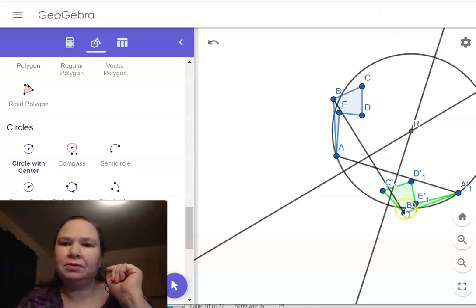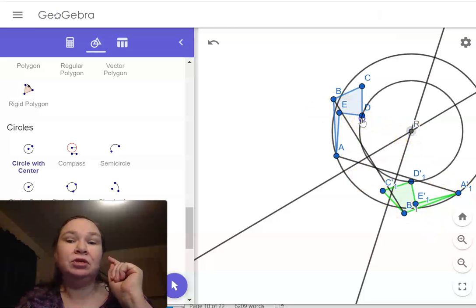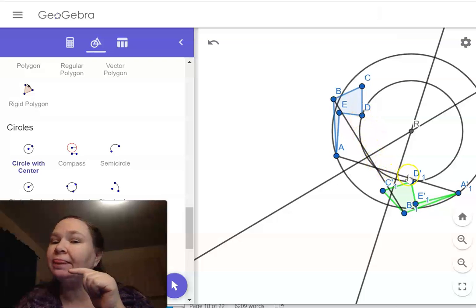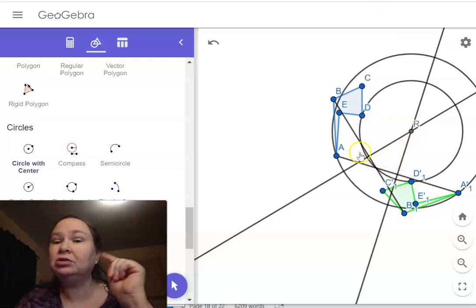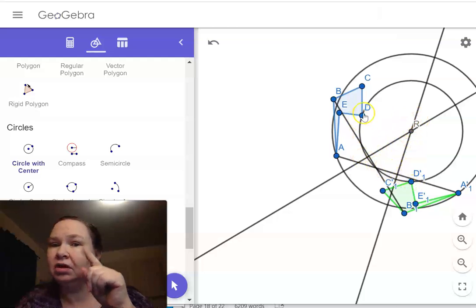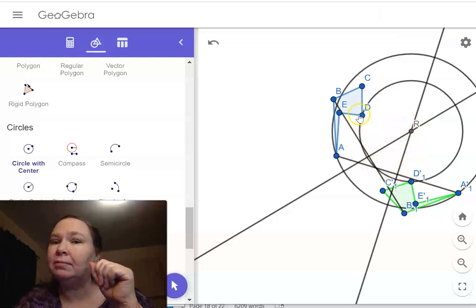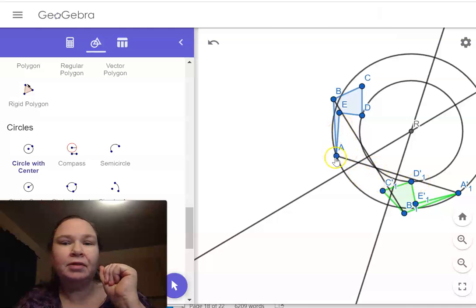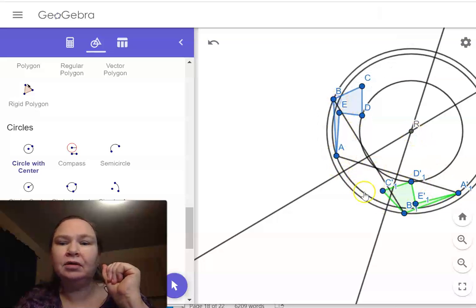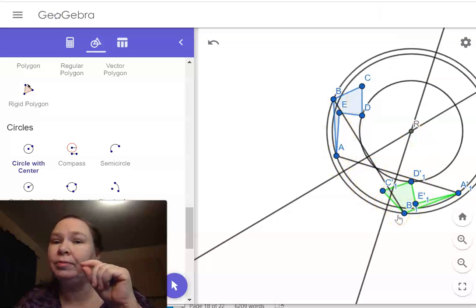B and B prime is going to be a hard thing to see, so let me do D. If I went from D to D prime, it would be going around this circle with the same center, and by the same angle. So the angle going from D to D prime, the angle from A to A prime, and the angle from B to B prime should all be the same angle.